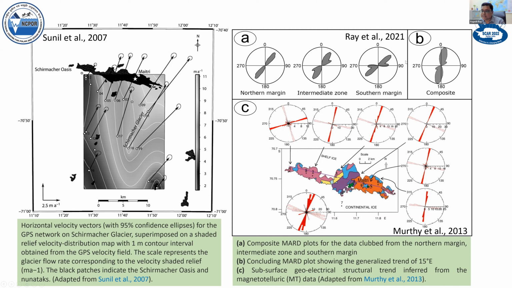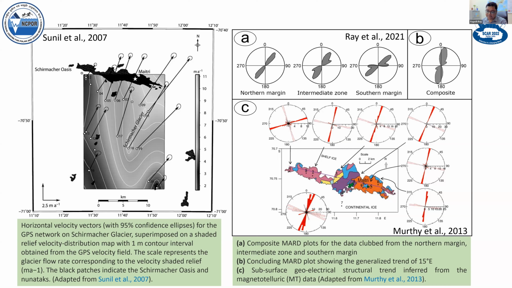If you can see, this is the composite which we formed in B, and it correlates with the overall trend marked by Murthy here. So this indicates that the modification and movement of a glacier, even in the case of a continental ice sheet, is strongly influenced by the pre-existing surface and subsurface geological structures.